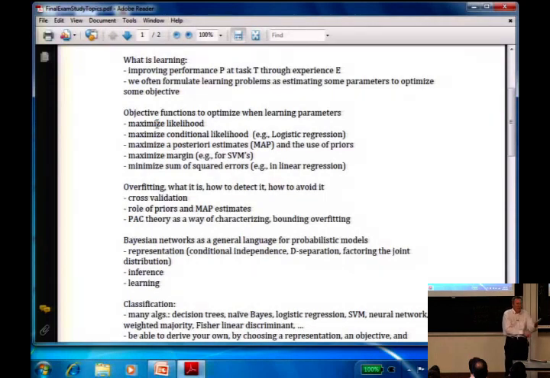Because deep down we like the idea of having these probabilistic models because it gives us some understanding of what we're really trying to optimize and maybe conditions under which it's really going to work.